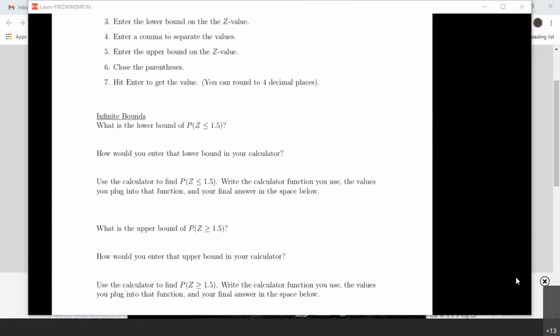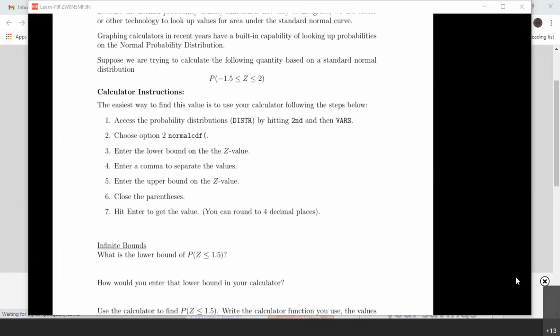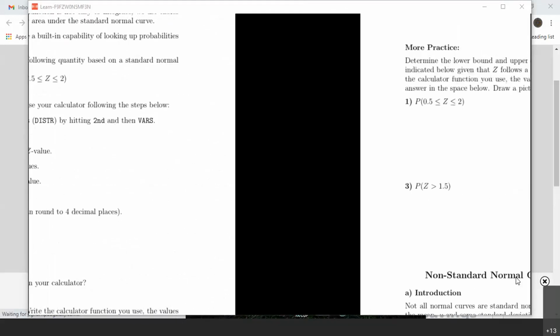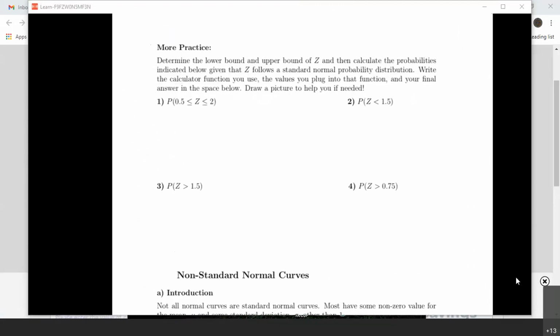This whole thing is just showing you how to do normal probabilities on your TI-84. I want to just check over here, more practice. Hold on, folks, having some technical issues. All right.